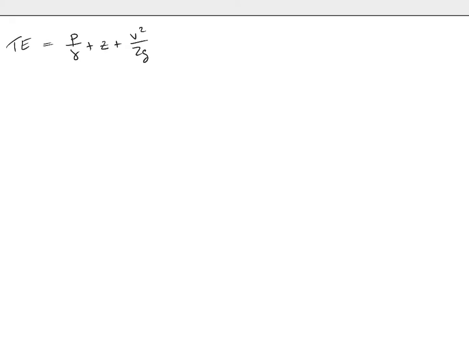It's a little bit wonky, right? Because this is energy, but the energy is expressed in terms of lengths. P over gamma is a length. Z is a length. V squared over 2g is a length, and we call these things heads.